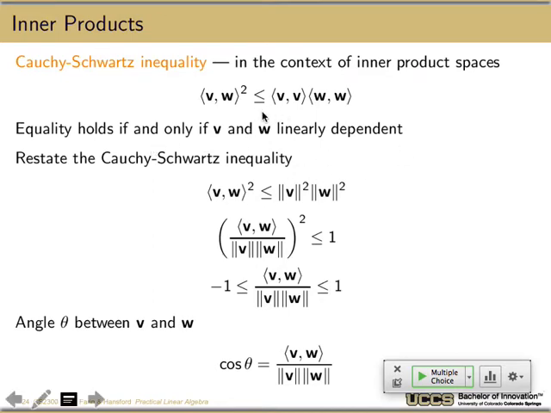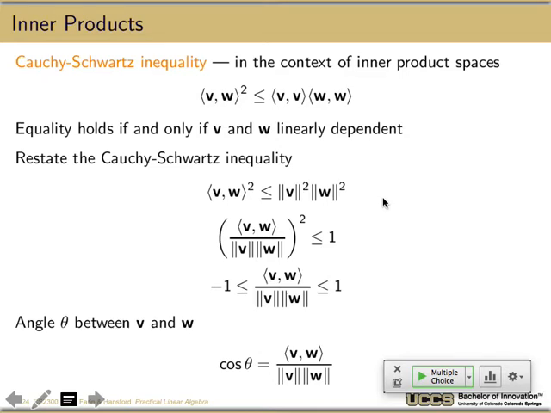The equality in this holds if and only if V and W are linearly dependent vectors, which is then your triangle collapsed to a line. Because if V and W are linearly dependent, then they have the same direction, and then the hypotenuse is equal to the sum of those two pieces, instead of less than.